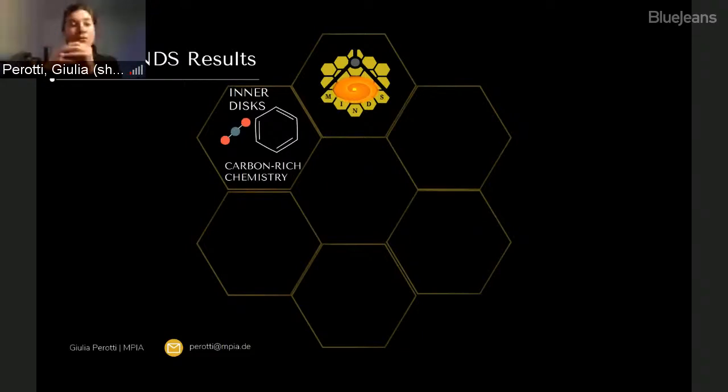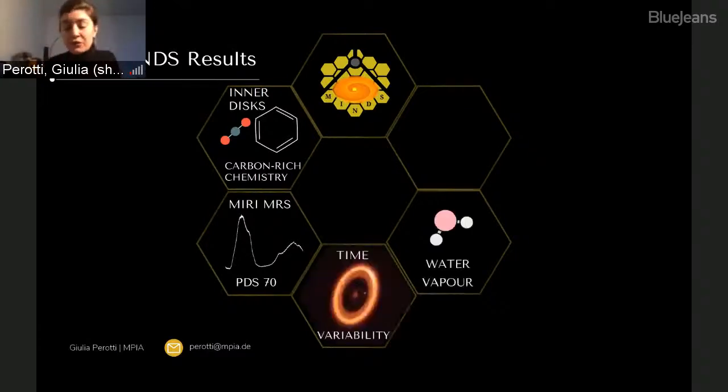When it comes to disks around very low mass stars, we are seeing that they are significantly carbon rich. And the MIRI spectrum of the PDS-70 system shows time variability, and we are detecting water vapor, indicating that the inner disk is not completely drained of oxygen, in spite of the presence of the large gap.